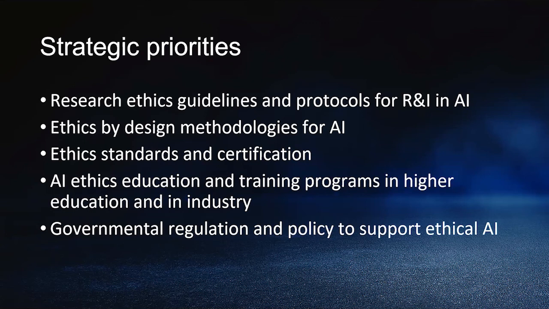Research ethics guidelines are important. Currently, we don't have them, except we made a proposal. Ethics by design methodologies for AI, also very important in our view, to give priority, to bridge the gap between guidelines, ethics, and concrete design practices. Here we also have a proposal.